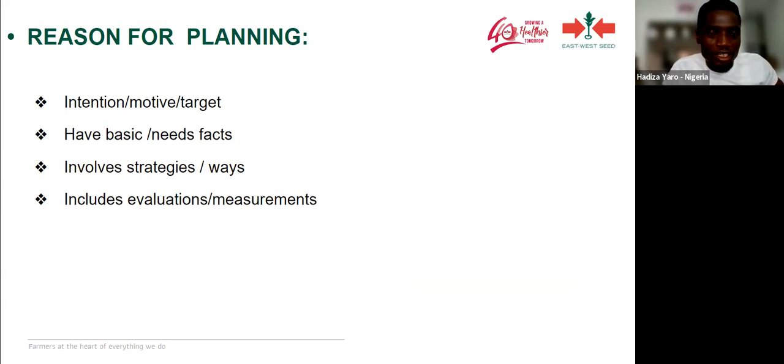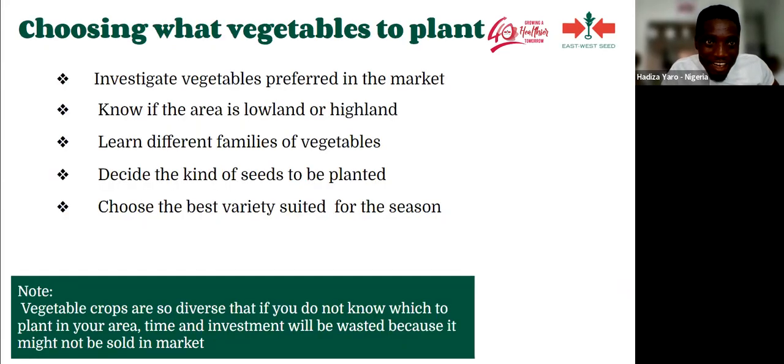He was talking about the families, knowing the families of what to plant around a particular time. It's just to guide you, for somebody that has been in the business for a very long time as a farmer. You have been planting tomatoes or cucumber for a very long time, right? The idea of knowing the family is to tell you how to rotate your crop per time, right? You cannot afford to be growing tomatoes season in, season out, every year, right?